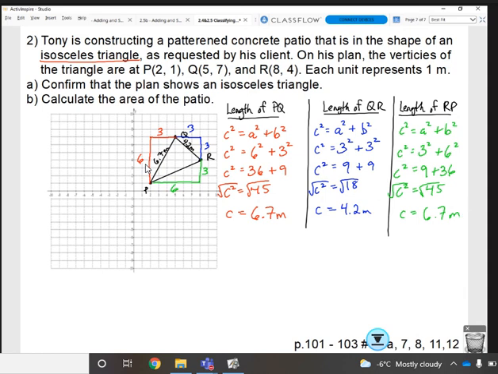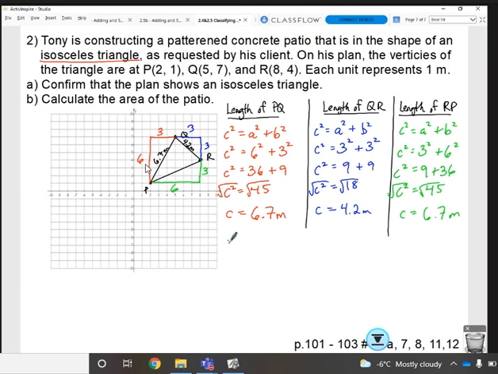So, does this show an isosceles triangle? Yeah, I'm getting some nods. Yes. And how do you know that? You're right. It does. But how do you know? Carolina? Lovely.